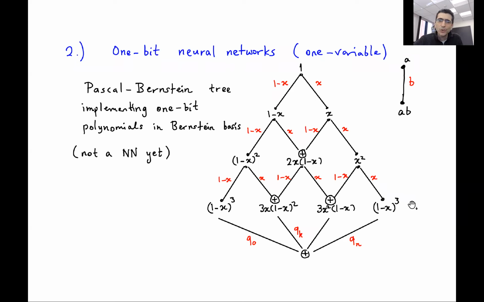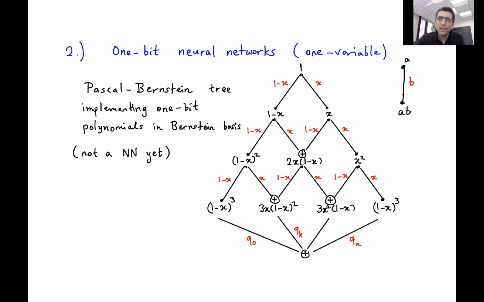So far it's just the mechanics of the Bernstein polynomials. And then what do we do with these Bernstein polynomials? Once you go to the level n, we multiply them by coefficients plus or minus 1, suitably found, and then the bottom gives us our approximation.